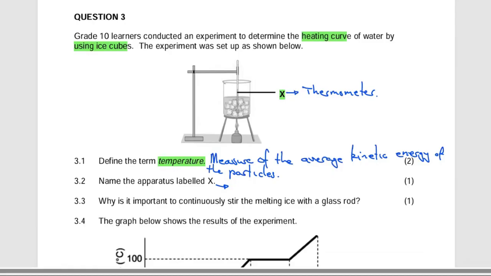The reason why we're stirring is to distribute heat evenly. So that's the reason why we stir as the ice is melting, to distribute heat evenly in the beaker. So that's our reason.